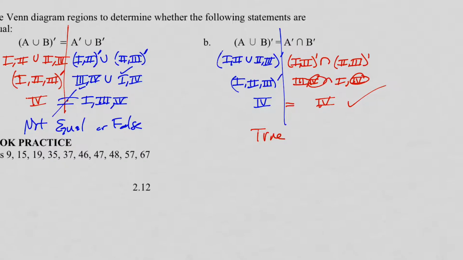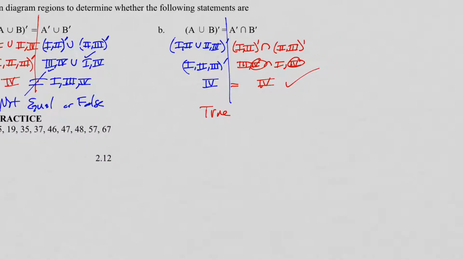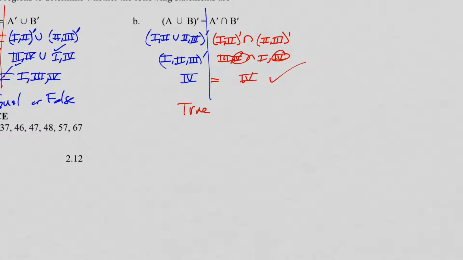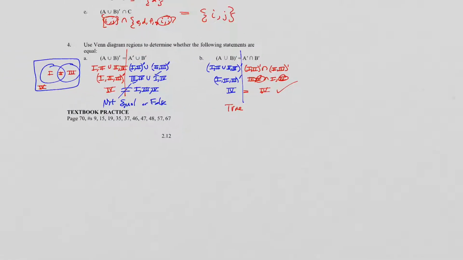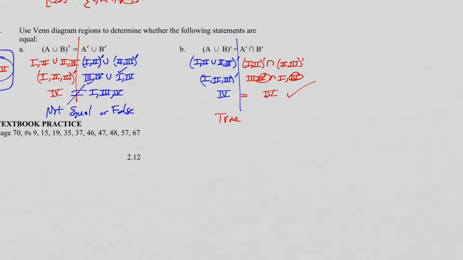So guys, basically what we've just done is you proved one of De Morgan's laws. De Morgan's laws for sets, you can see them on page 70. So page 70, you have De Morgan's laws for sets.